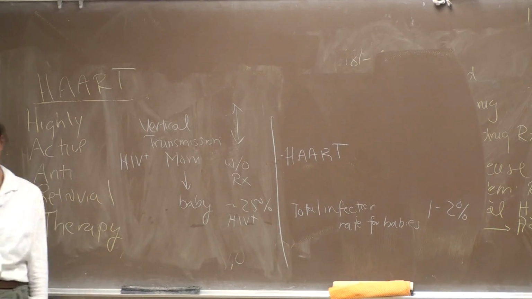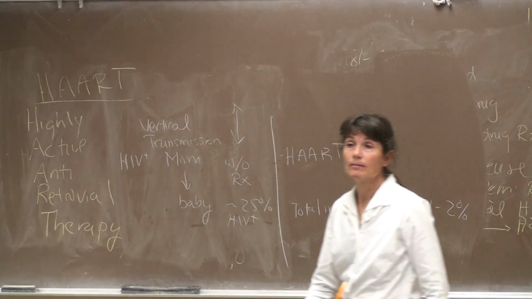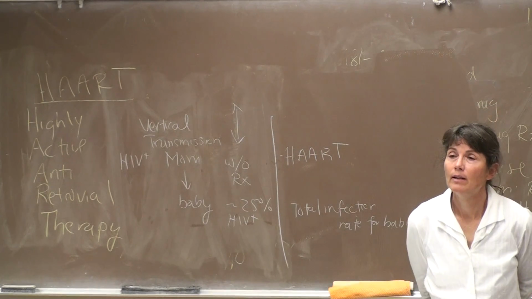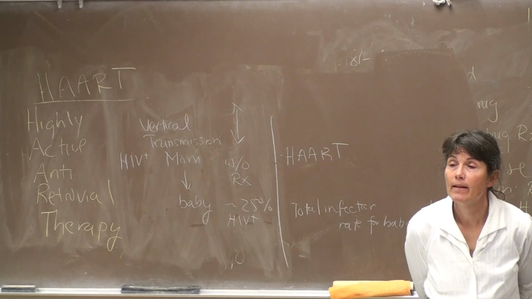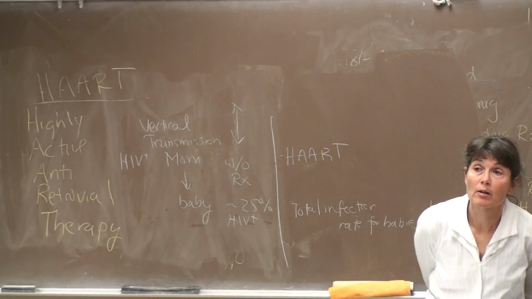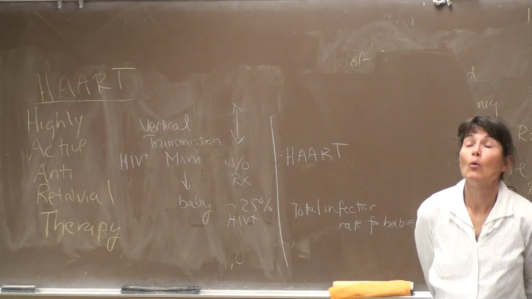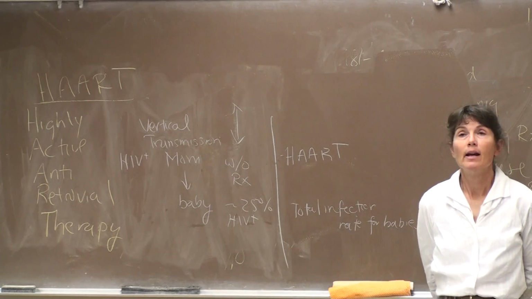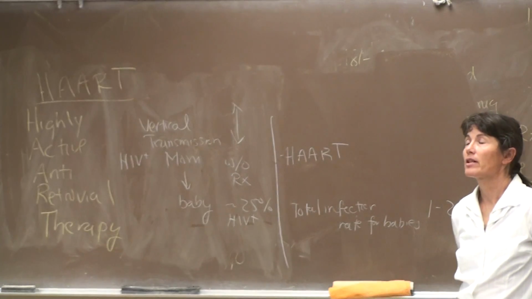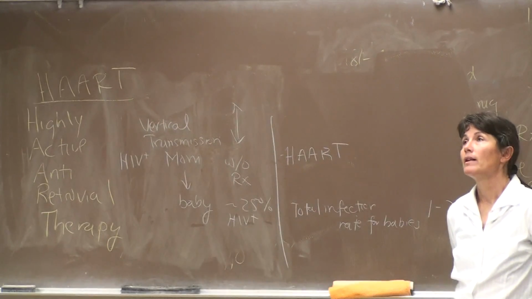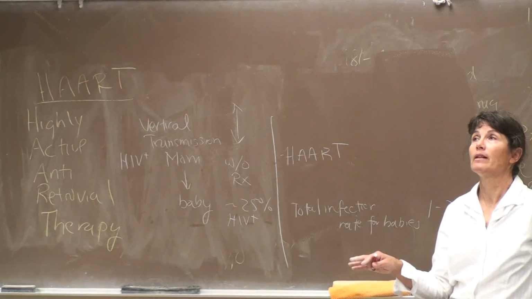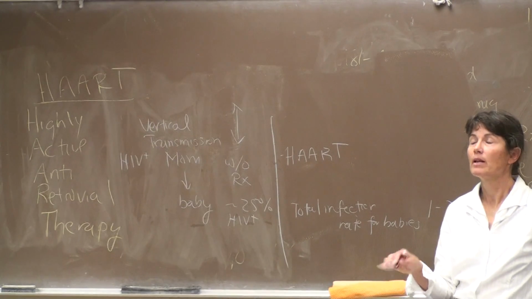Yeah. So why wouldn't the HIV automatically pass through the placenta? Like, why don't all babies get infected? Boy, that is such a good question. And you guys that have had A&P, I'm struggling, so help me out.